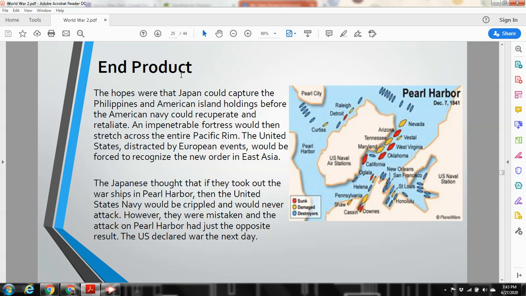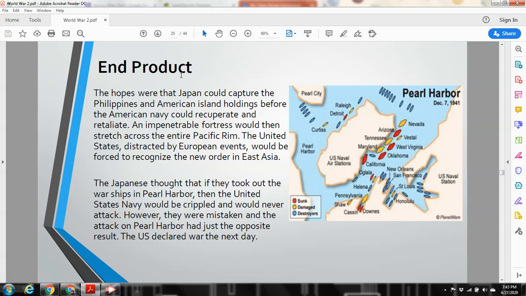So the end product, the hopes were that Japan could capture the Philippines and American island holdings before America could recuperate and retaliate. So basically, Japan wanted to hold the Pacific Rim. They wanted to hold the Pacific Theater all to themselves.